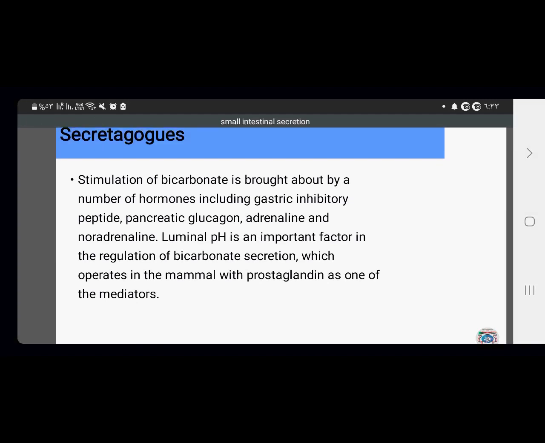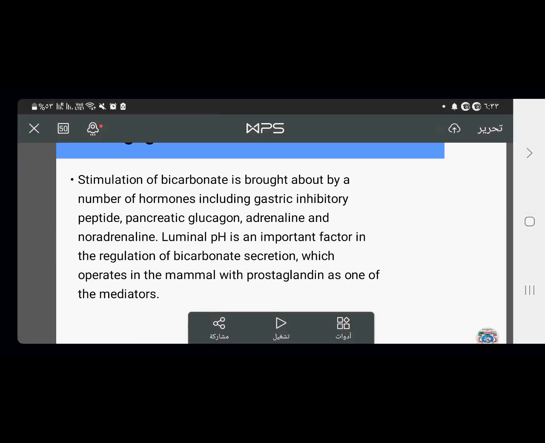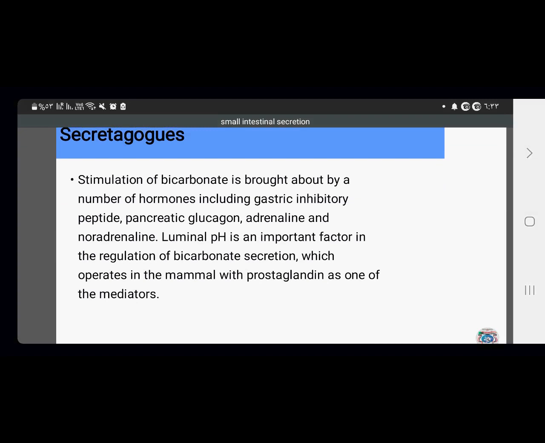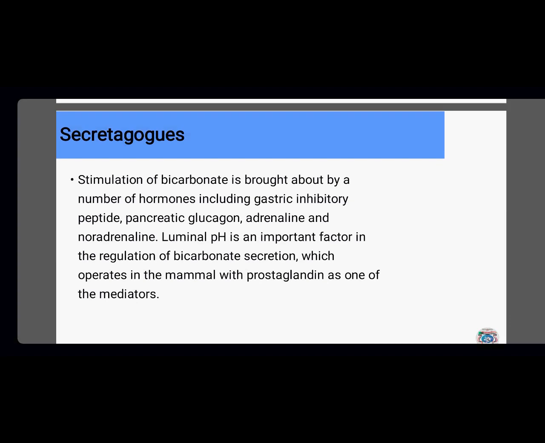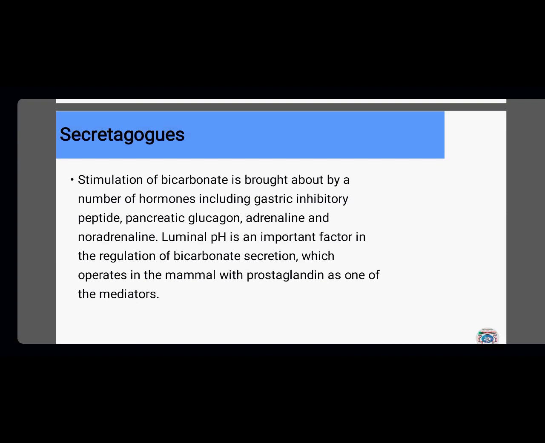Stimulation of bicarbonate is brought about by a number of hormones, including gastric inhibitory peptide, GIP, which stimulates bicarbonate. Pancreatic glucagon, the antagonist of insulin, as you know, also stimulates bicarbonate secretion. Adrenaline and noradrenaline, stress hormones, are also responsible for bicarbonate secretion.